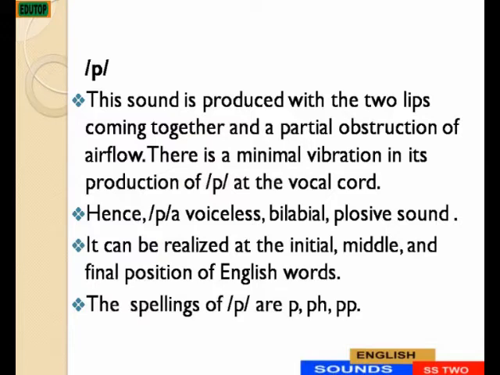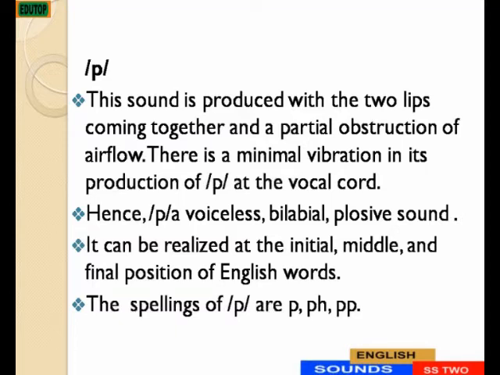There is minimal vibration in the production of p at the vocal cord. Hence, it is a voiceless bilabial plosive sound. It can be realized at the initial, middle, and final position of English words. The spellings are P, PH, and double P.